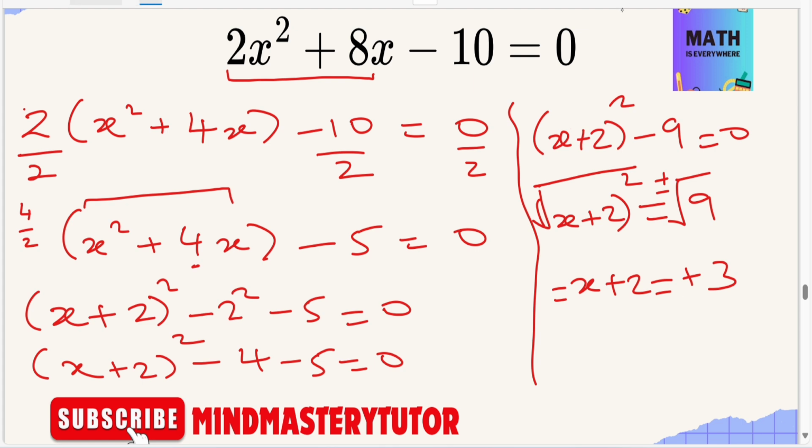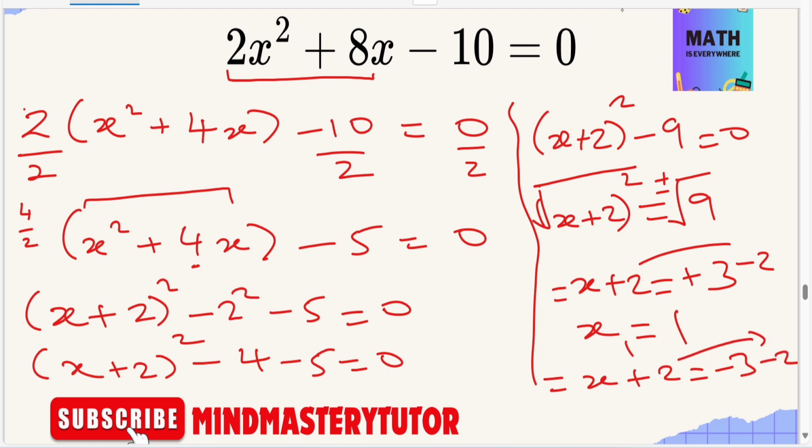So x yako ya kwanza itakuwa 3 minus 2, which is 1. Ikiwa negative, so x plus 2 equal to negative 3, your second x, x2 equal to negative 5. And those are your two answers using the other method.